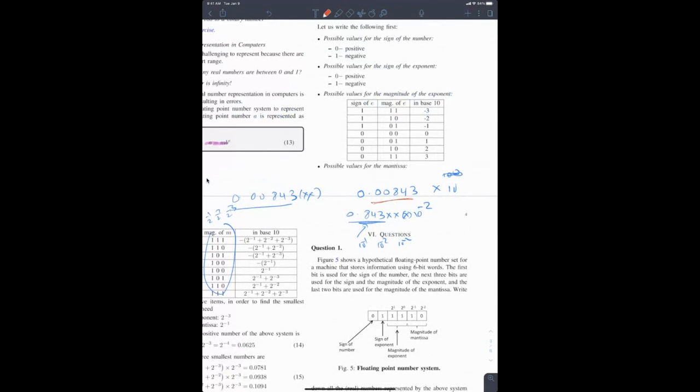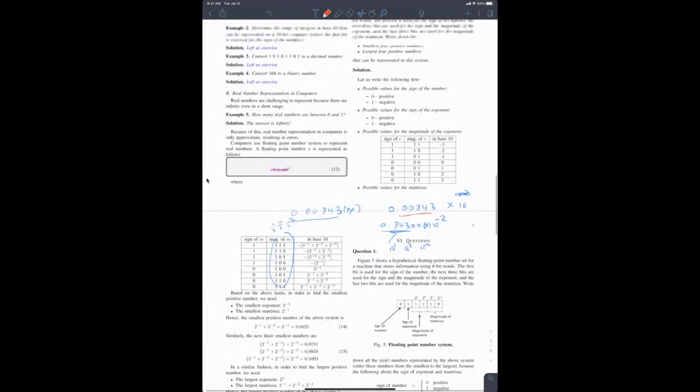So sign of e, magnitude of e, sign of exponent. So it can be 0, 0, 0, 1, 1, 0, and 1, 1. So exponent can be.